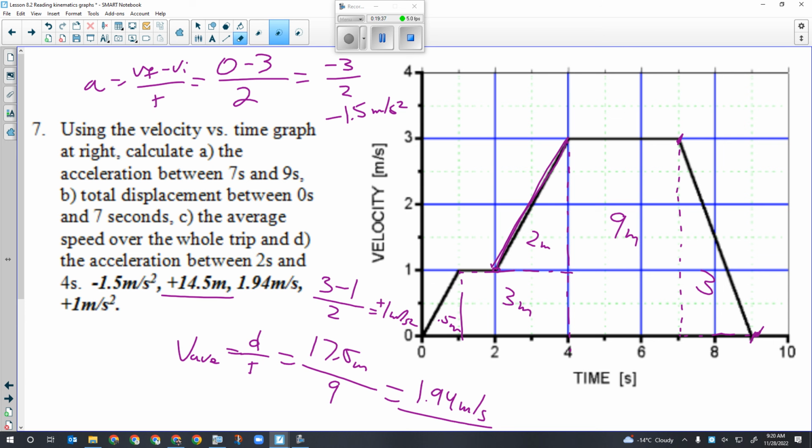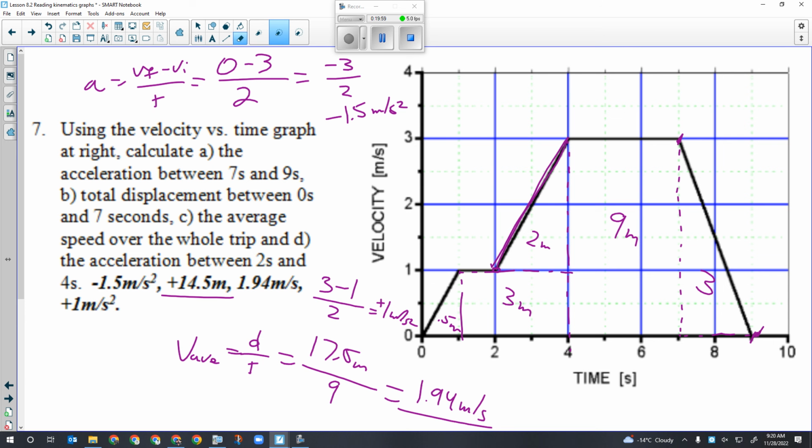Okay. Now, here's something I've done on tests before. I have asked, with a graph that looks just like that, this question. What is the acceleration between 4 and 7 seconds? How many marks would that be out of?